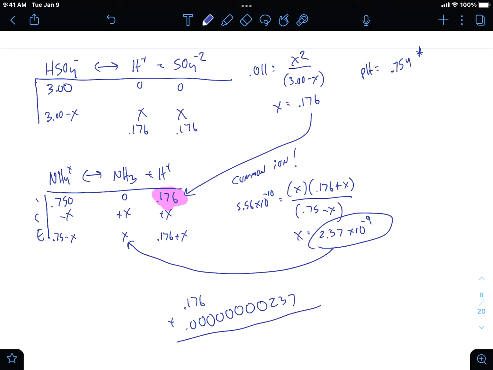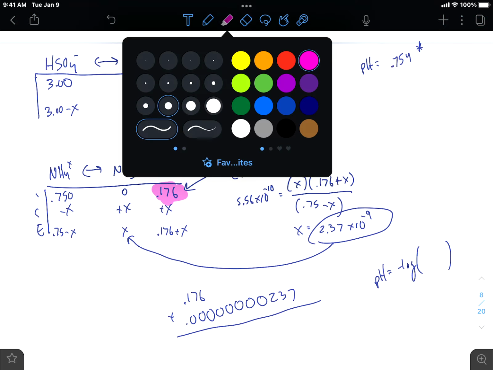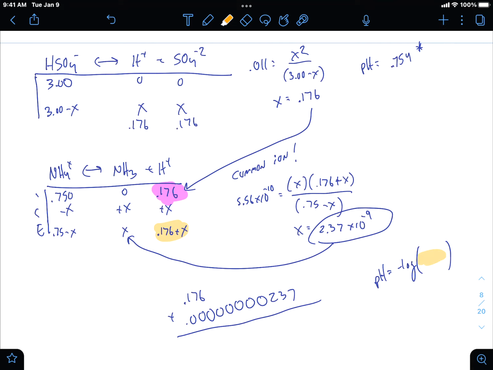Okay, so the secondary equilibrium did not contribute much. So the pH as calculated before is still the pH that we would have at the end. So technically speaking, we're still taking this and putting it in here, but the X value is so small, the number doesn't even change, and the pH is going to be 0.754 once equilibrium is established.